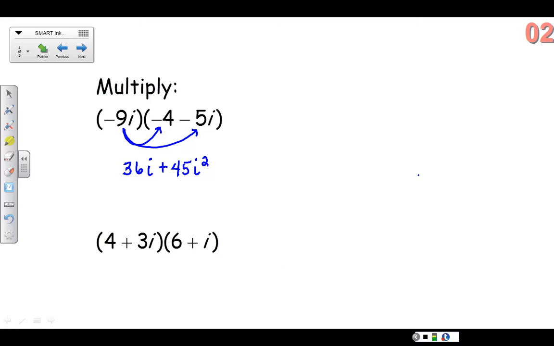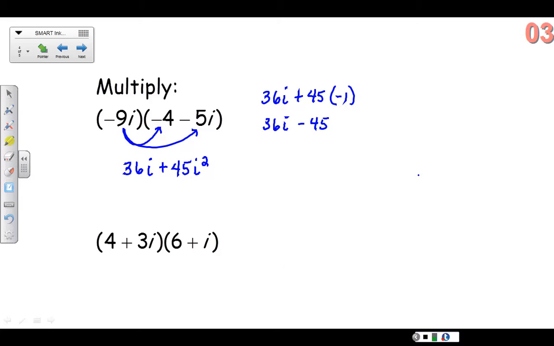Okay, so let's work on that for just a second. 36i plus 45 times, we're going to replace i squared with a -1. So that's going to give me 36i minus 45. Now, as far as I'm concerned, that is correct the way we've got it right here. But if you're asked to write this in complex number form, the way that you normally write a complex number, we need to do that.